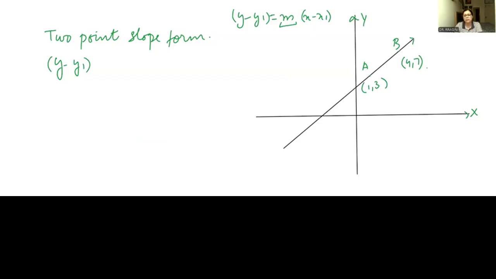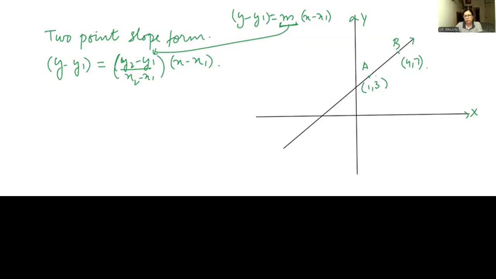Here, if two points are given, I had told you earlier, there is a method to find the slope from the two points. So instead of writing m, we can write y2 minus y1 upon x2 minus x1, which is nothing but the slope itself. The rest of the things are the same. We have modified m into this because we can find m from these two points itself.